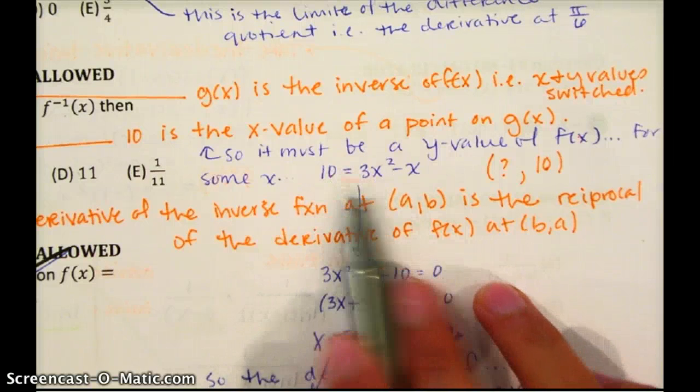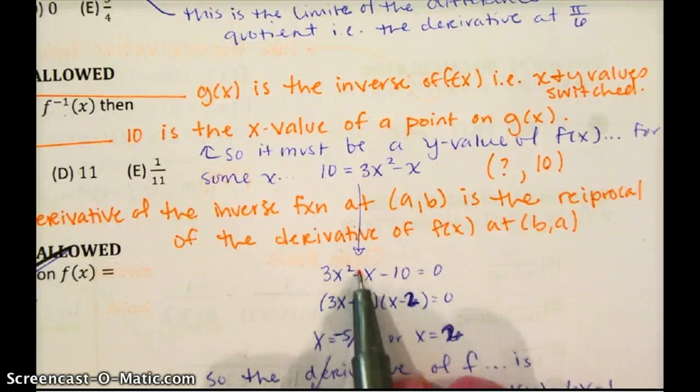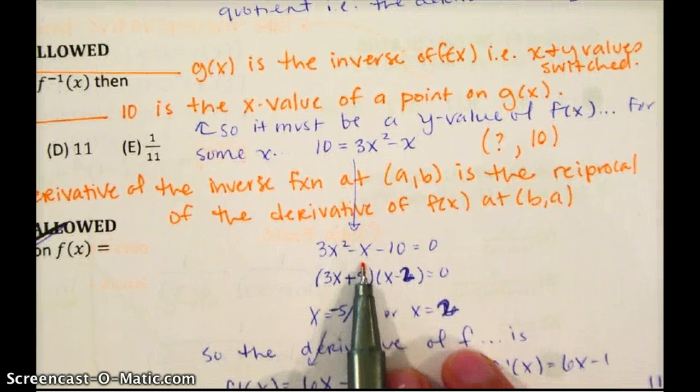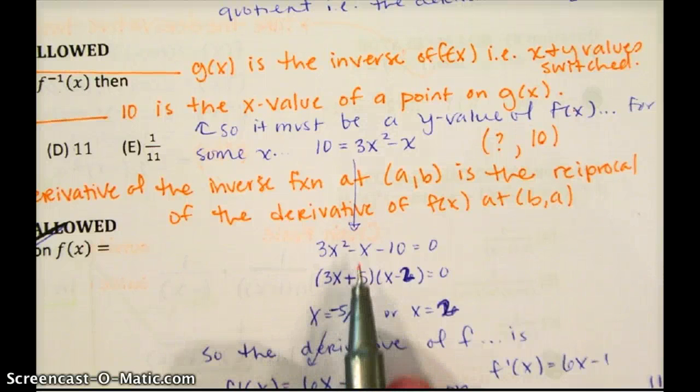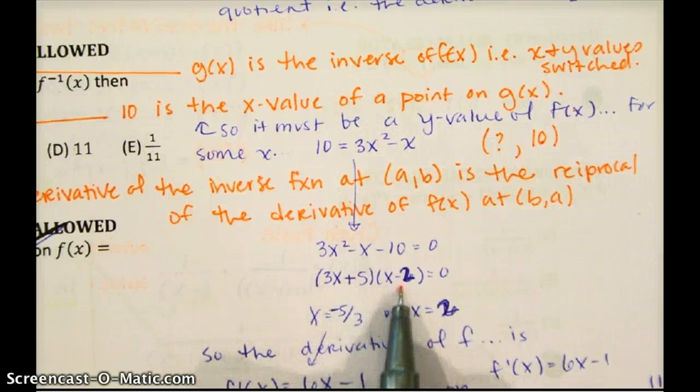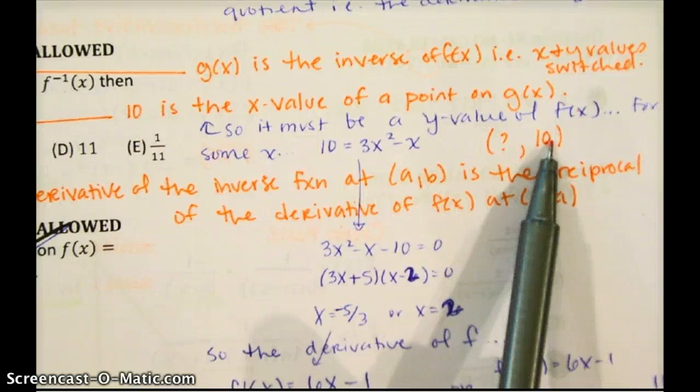So I took the f of x equation and set it equal to 10. Then I came down here and solved to figure out what x would have to be. I came up with two possibilities. It was a quadratic equation, so I factored it, and then I got my two solutions. And that to me means that f of x has 2 points with a y value of 10.